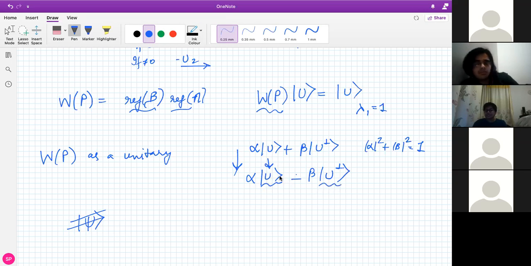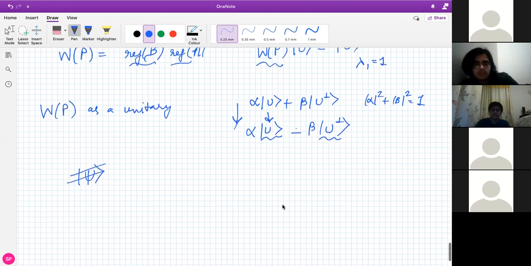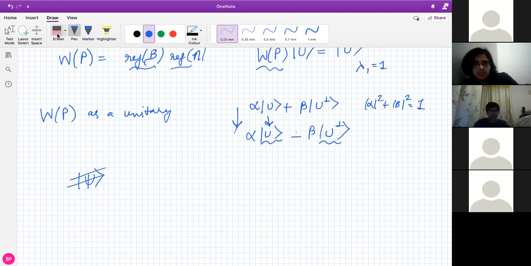Then if I can distinguish between what state I'm getting, then I can always put a phase, right? That is my intention. And for that, we are going to use a very interesting trick called, any guesses? No, okay. Phase estimation.